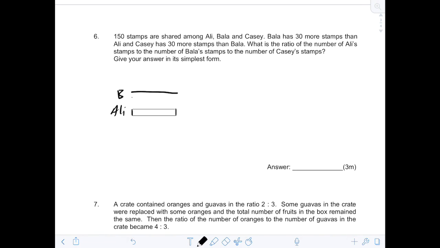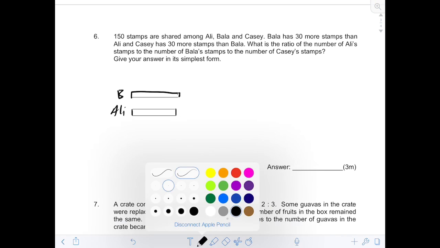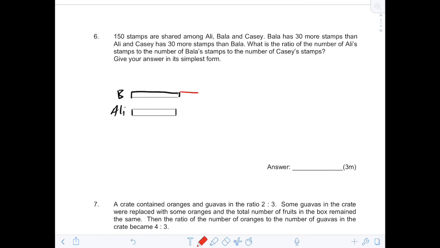So Bala has the same as Ali, but he has another extra 30. Let's draw it in a different color, since we can. Okay, so this part here is actually 30.